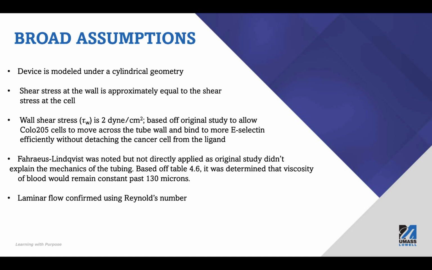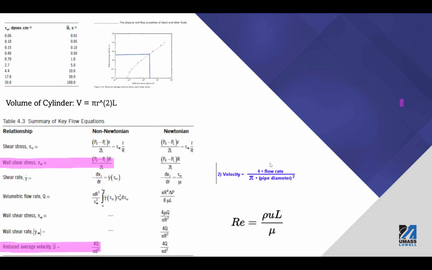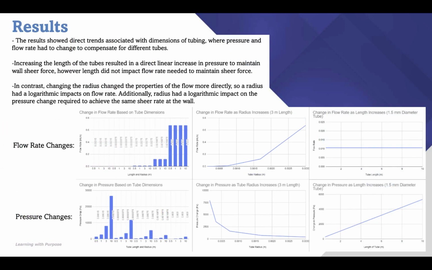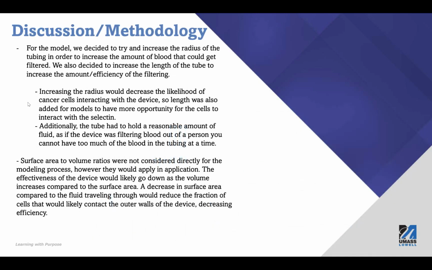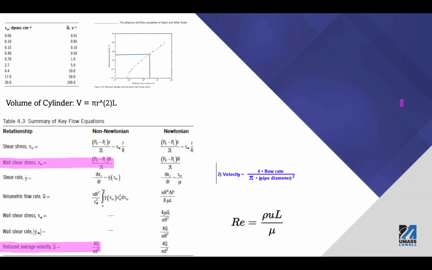One of the other assumptions that we made is that the viscosity of the blood would remain at a constant 3 centipoise, as table 4.6, in the next 2 slides, showed that the viscosity of the blood would stay at 3 centipoise at 130 microns.